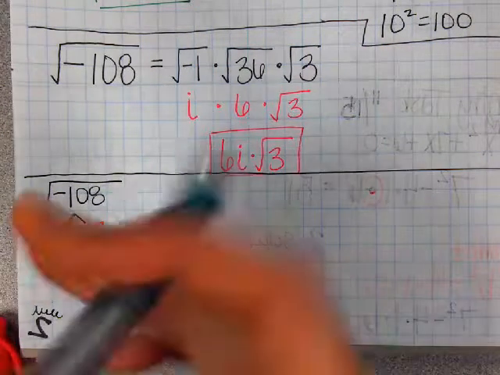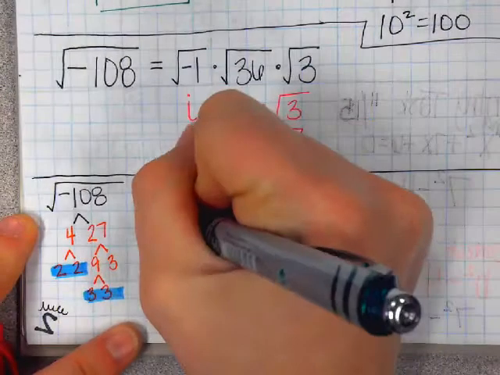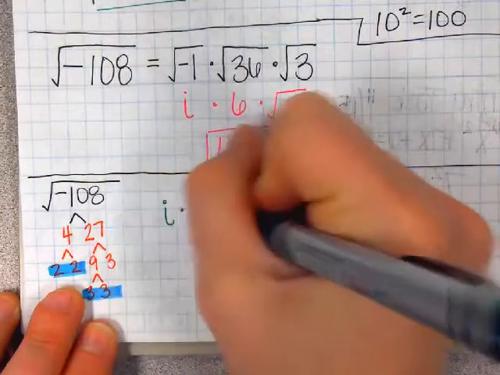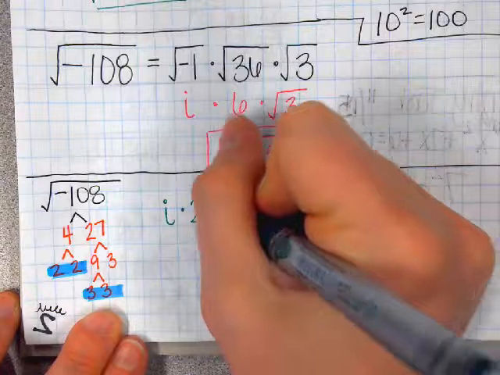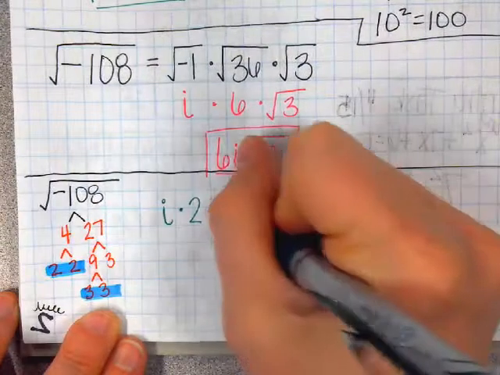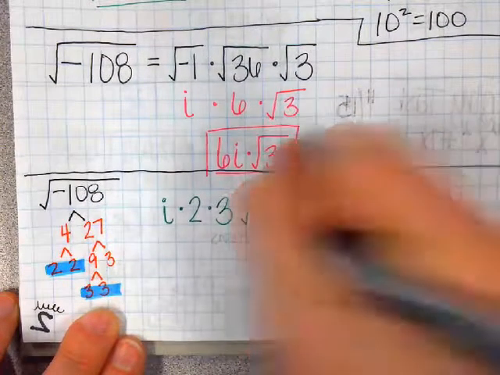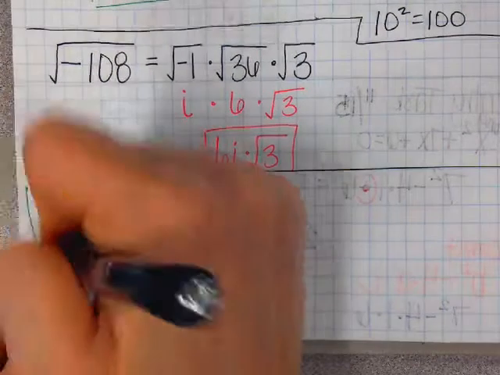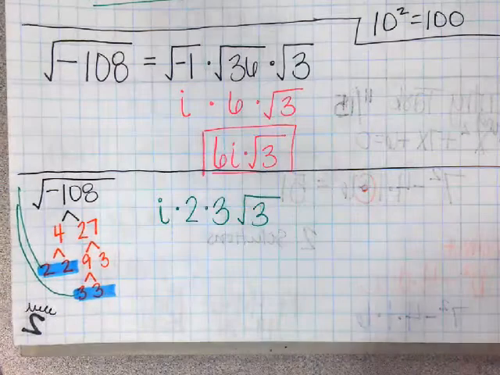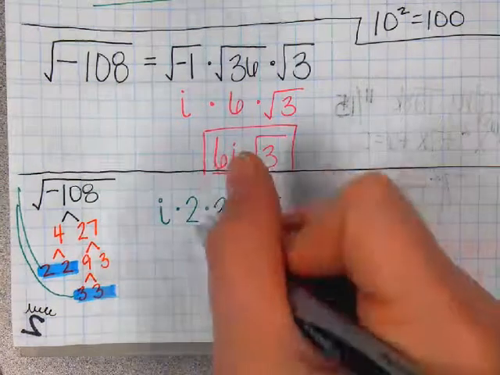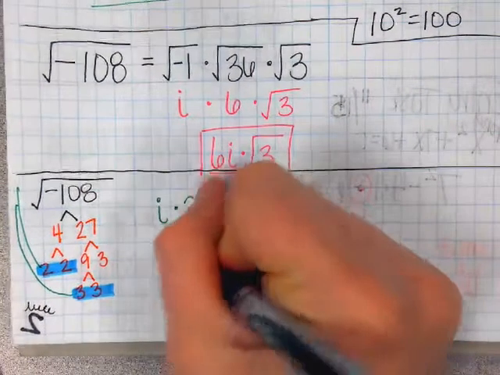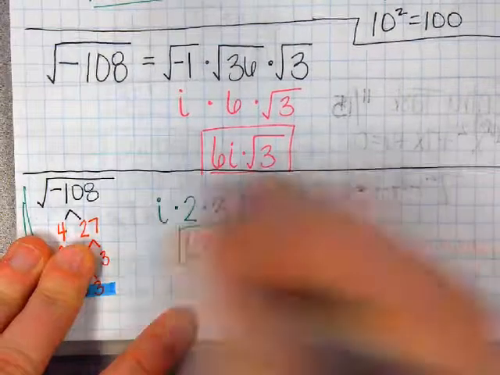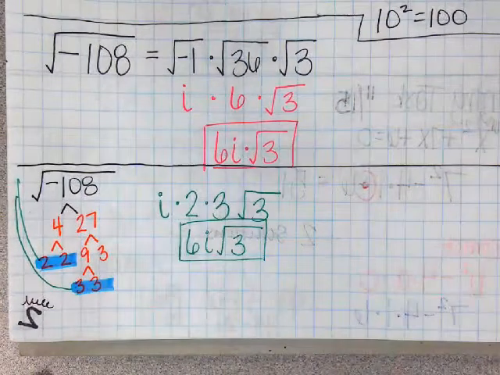So just like we had a 3 left inside, that's that 3 that you'll see. So we know it has a negative, so we know there's going to be an i. We can pull out a pair of 2's, so you would say 2. You can pull out the 3's, so 3, and then left with the 3 still underneath the square root. These ones went out. So 2 times 3 is 6, i, and then the square root of 3.